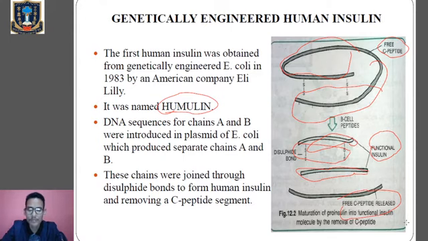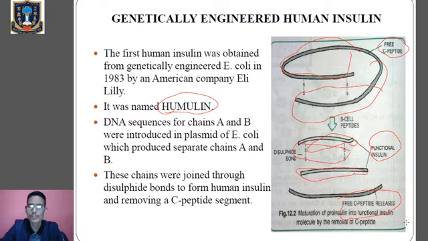So generally I have told you that within the body we have the polypeptide chain A and the polypeptide chain B, along with an extra stretch of chain which is called the C peptide. So that C peptide needs to be removed during the processing for the insulin to become fully functional.